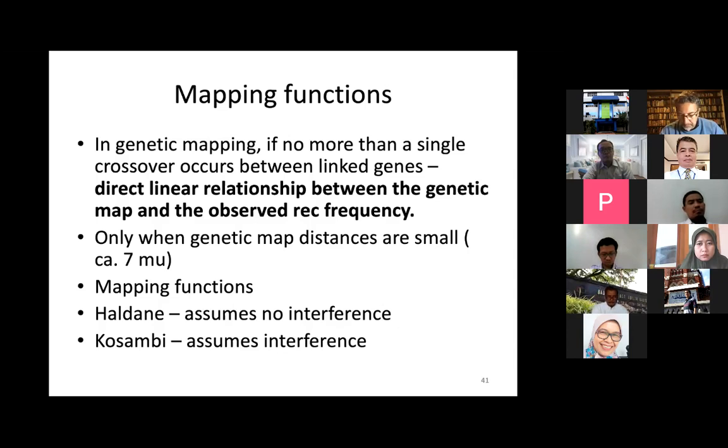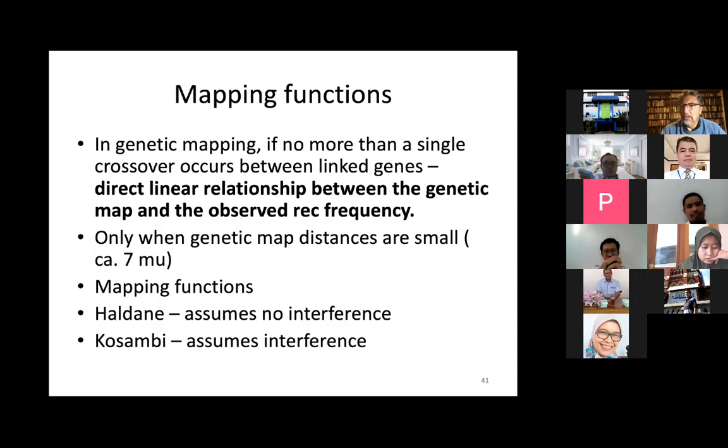For most mapping projects, your software usually offers the possibility of considering two types of functions. You have the one proposed by Haldane, which assumes no interference, and one proposed by Kosambi, which assumes interference.